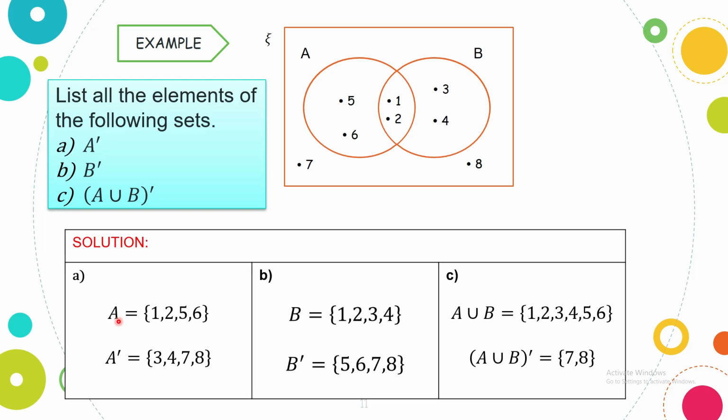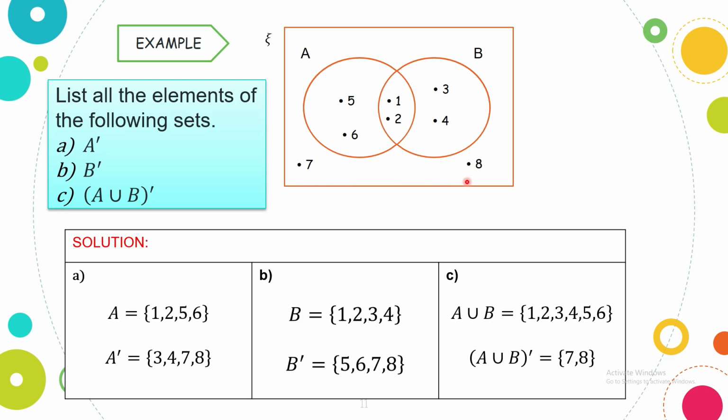The elements of set A are 1, 2, 5, 6. But the question asks to find the complement of set A. If it's the complement of set A, it must be not an element of set A. So the answer will be 3, 4, 7, 8.